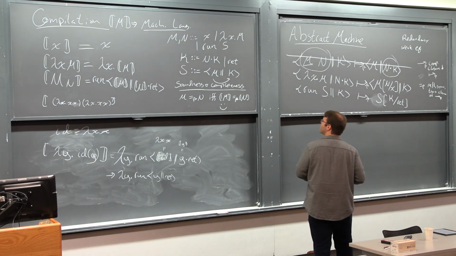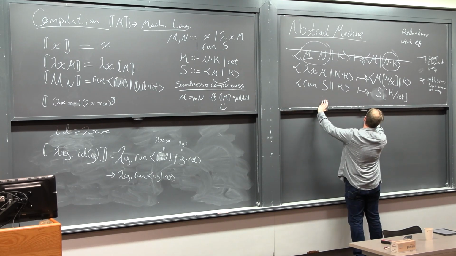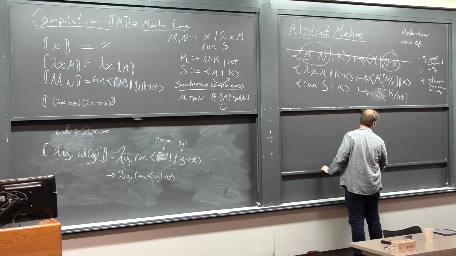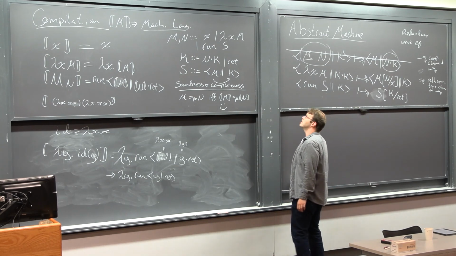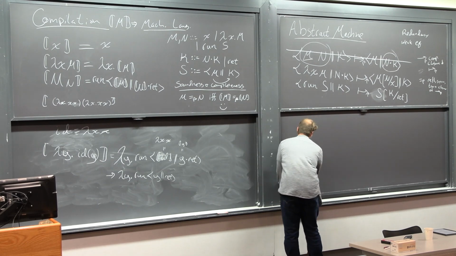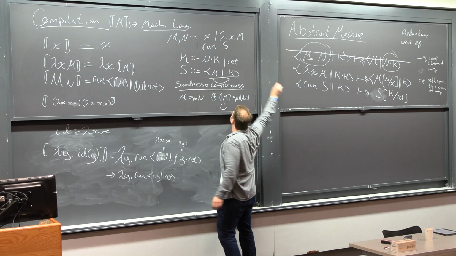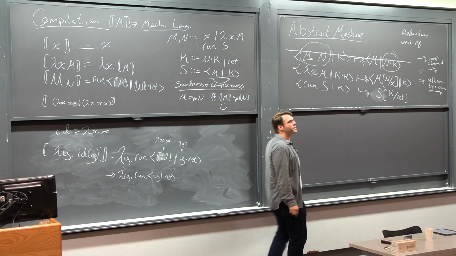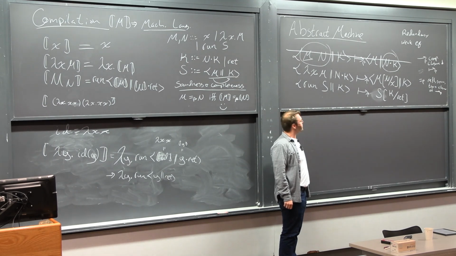So let's add some typing rules for our abstract machine here. And I'll start with the funnest one, which shows everything off so that we know exactly what we're going to do. Let's cut to the chase, right?